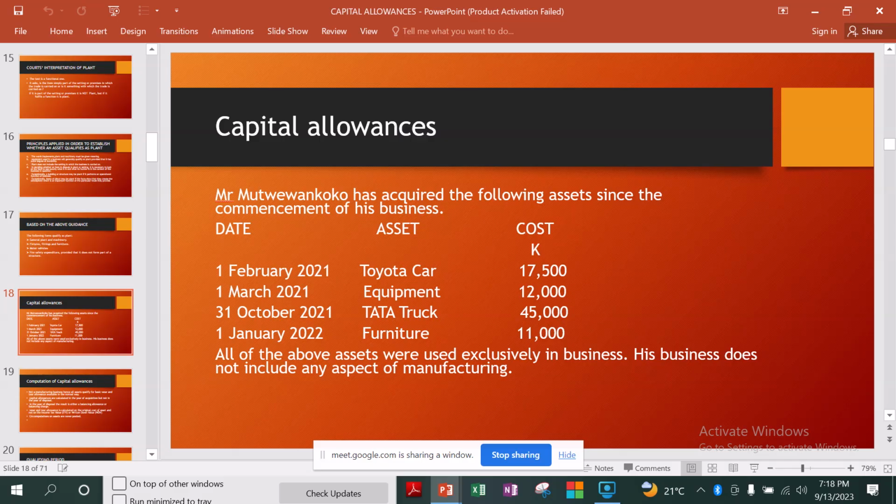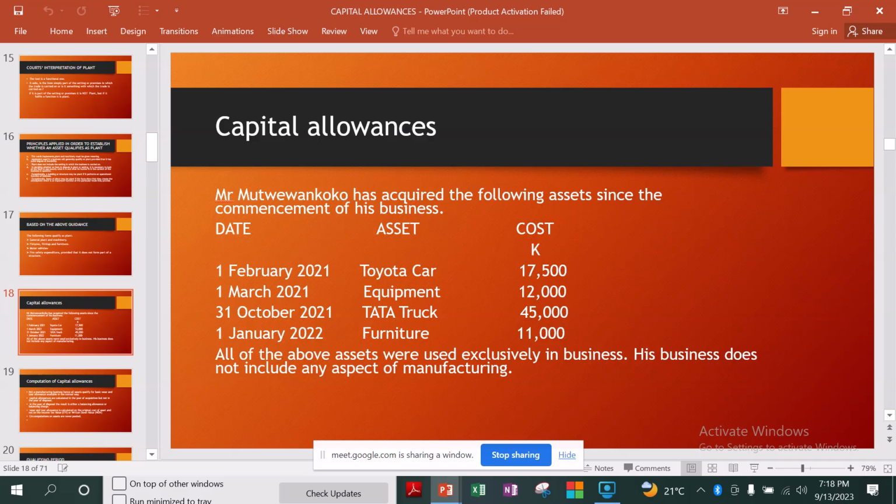Again, in this particular question, we are drawn to the fact that this business does not include any aspect of manufacturing. The importance of that statement is that it's reminding you that you need to use an appropriate rate for capital allowances. For those in manufacturing, the implements, plant and machinery capital allowances are at 50%.